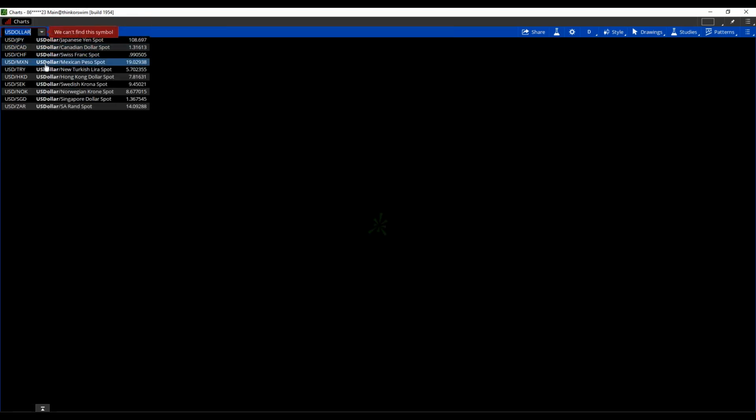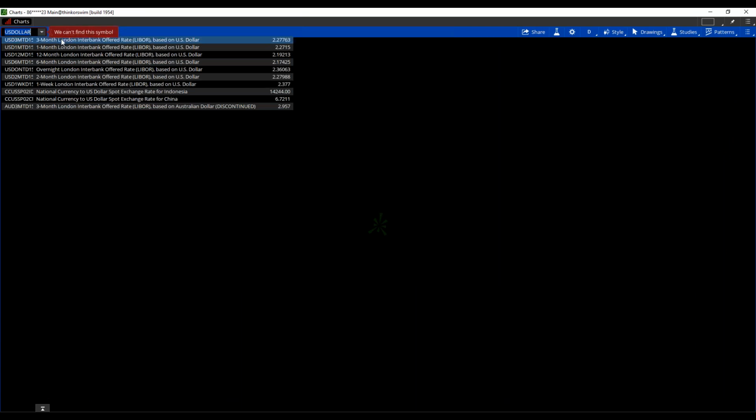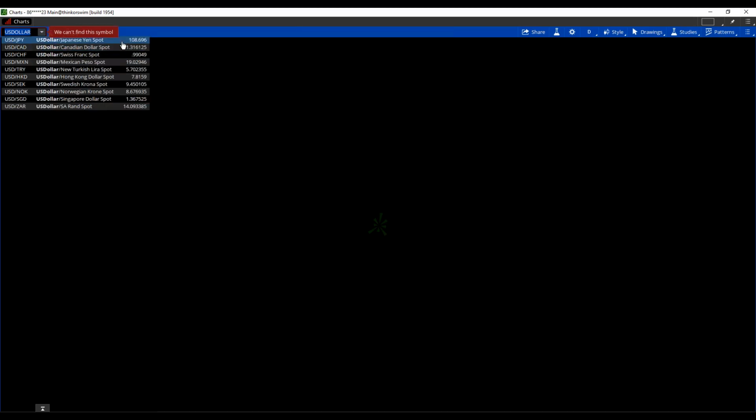Japanese yen spot, Swiss franc spot, US dollar rand spot. So we'll just use USD. That's semiconductor, that's not the dollar. One second. I remember the UUP from way back. Okay, US dollar, let's see what it's showing. One second. Okay, we'll just stick to the UUP.